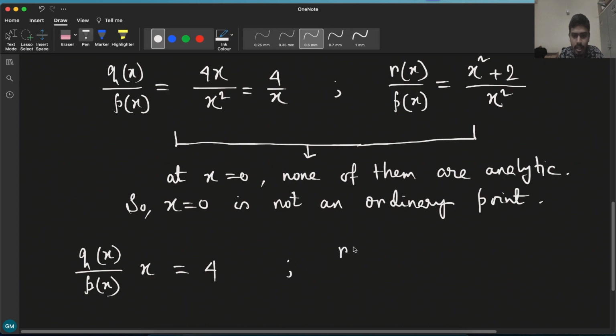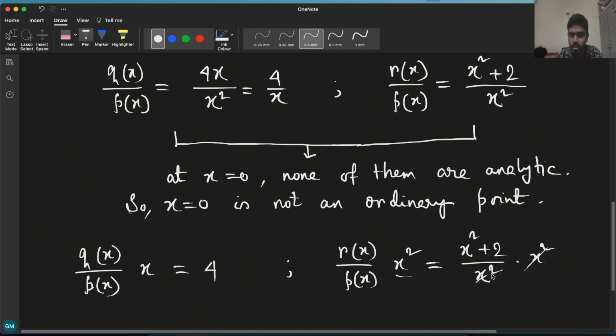And rx by px times (x minus x naught) whole square, which here is just x square: rx by px is (x square plus 2) divided by x square, times this x square. This x square cancels, so what we are left with is x square plus 2.